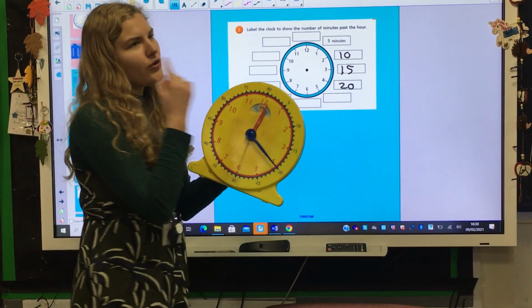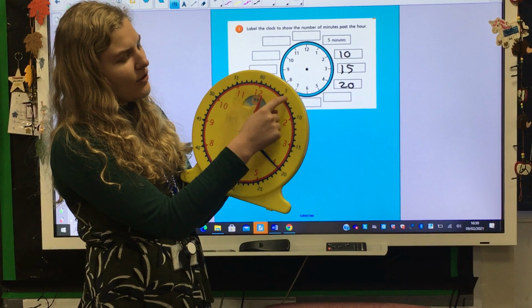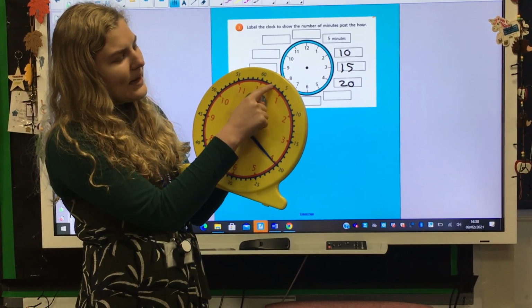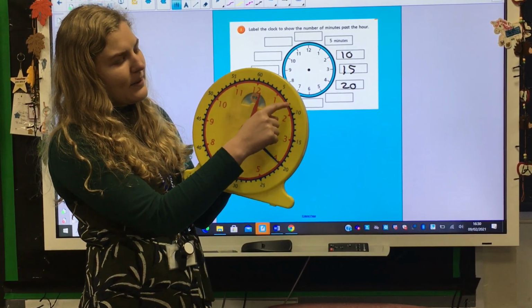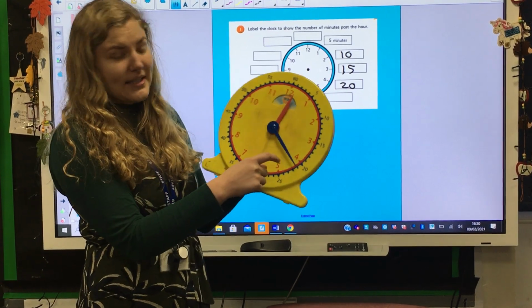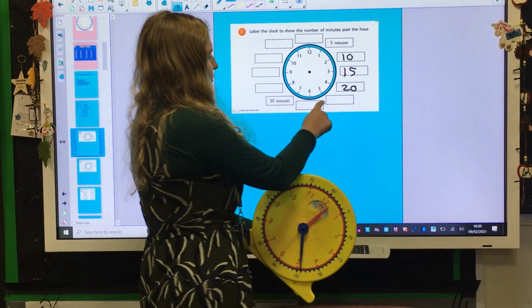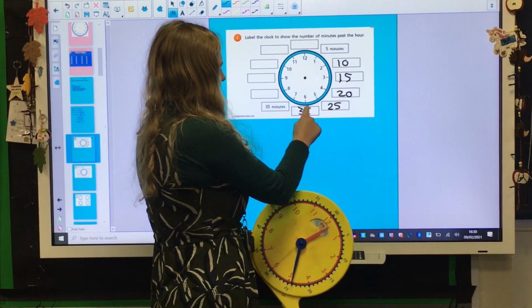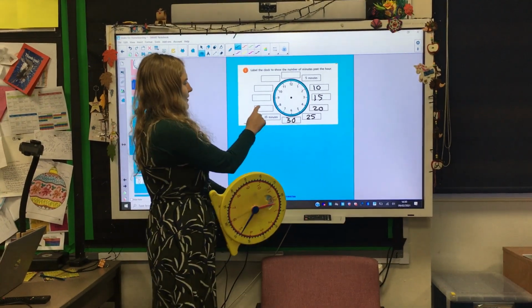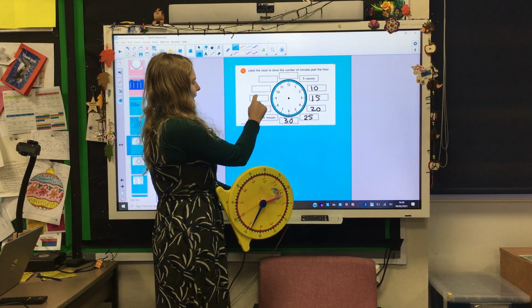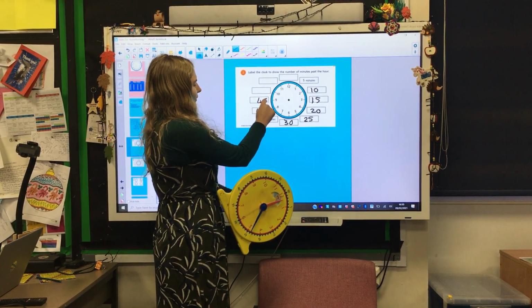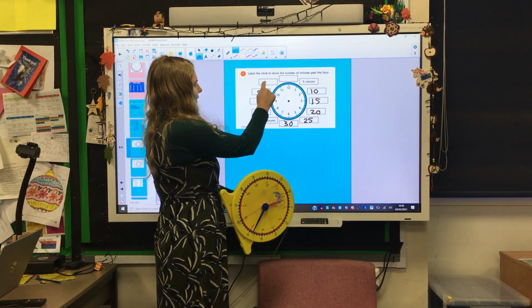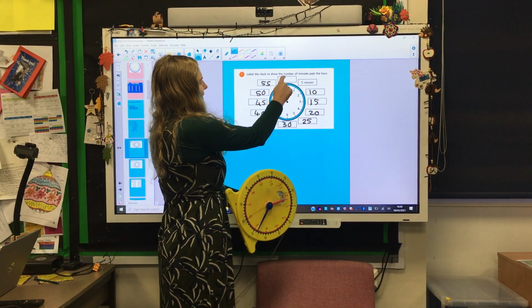You will notice on your clocks at home that they've got little tiny dots going around the outside. These are all individual minutes, but because we're jumping in steps of 5 today, it's a bit easier for us. Then we've got 25, then we've got 30, 35's been done for us, then we've got 40, 45, 50, 55, 60.